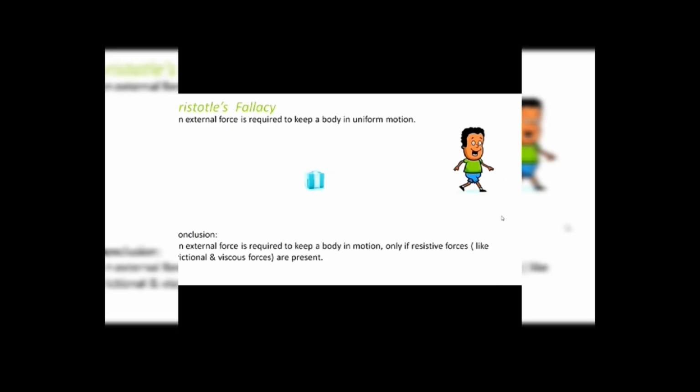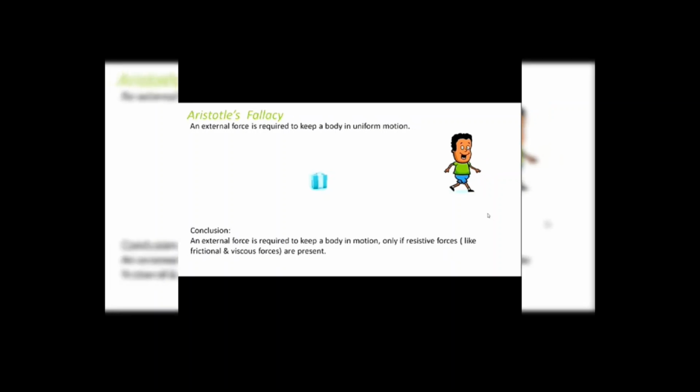No, because there is no force now to stop the body, so the body will move on its own. When there is nobody to stop the body, you don't need anybody to oppose the frictional force, because the frictional force itself is not there.